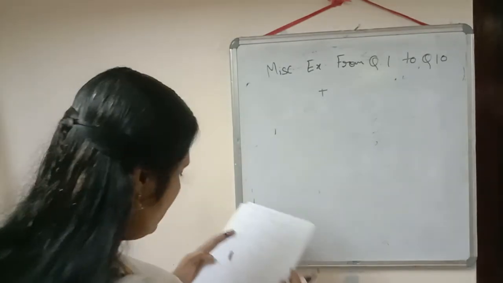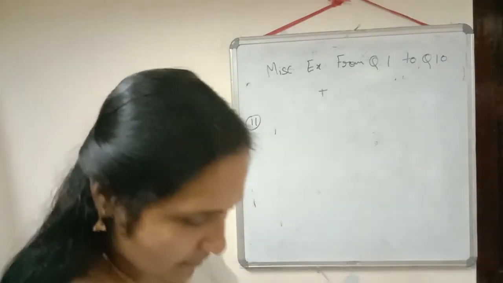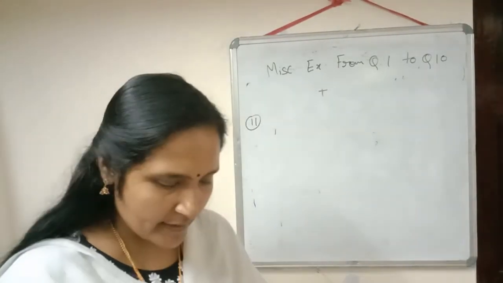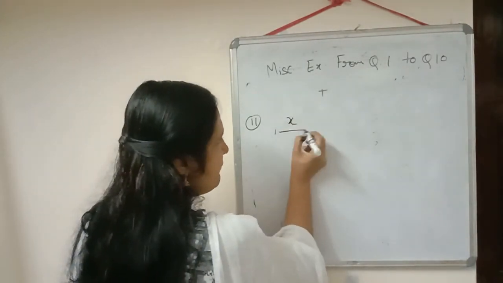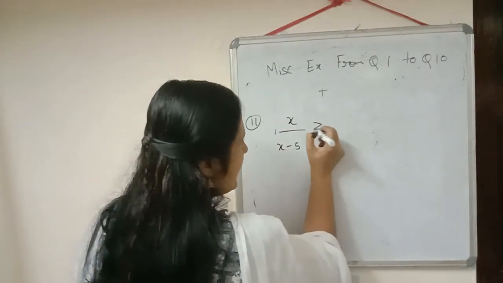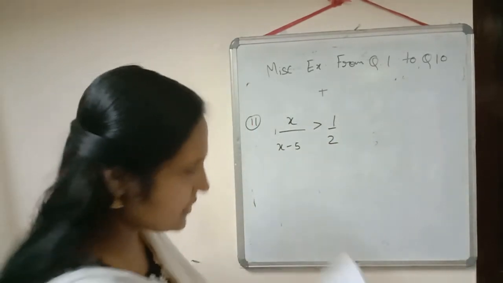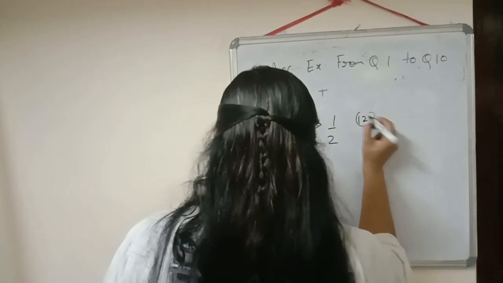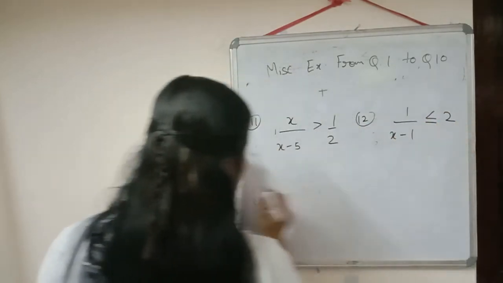So just write down. Question number 11 is x by x minus 5 greater than 1 by 2. Question number 12 is 1 by x minus 1 less than or equal to 2.